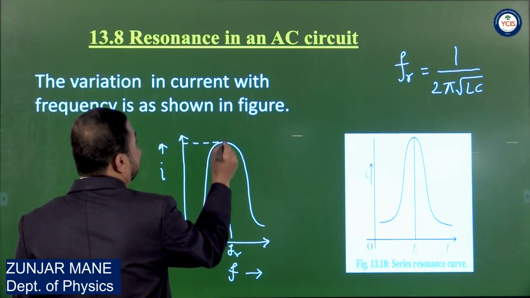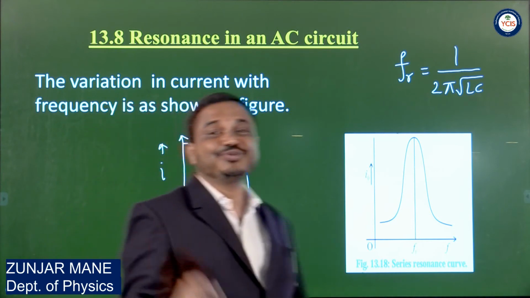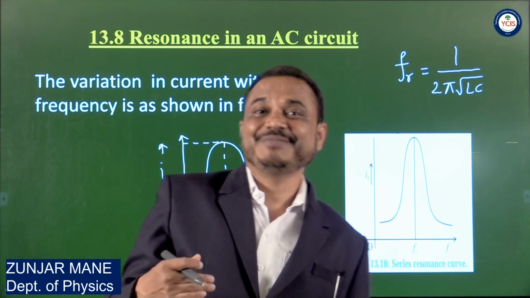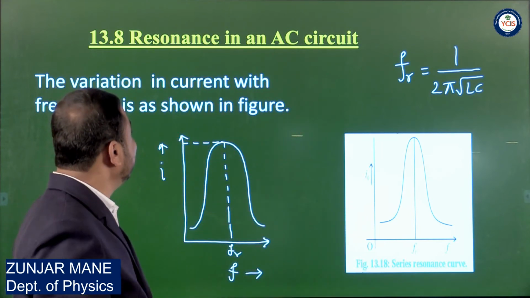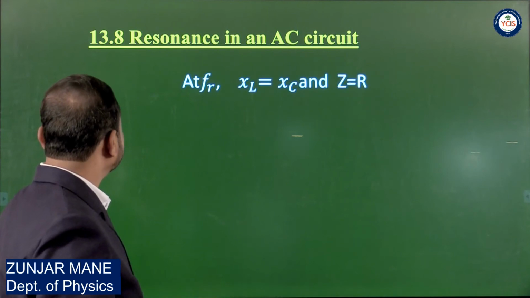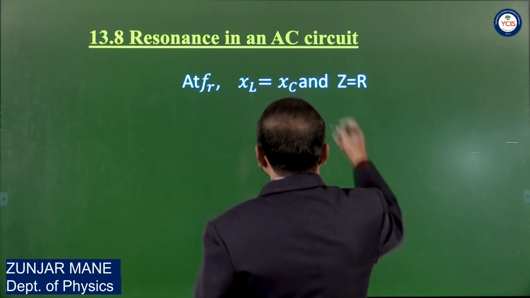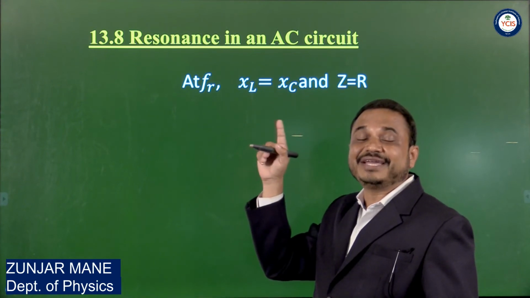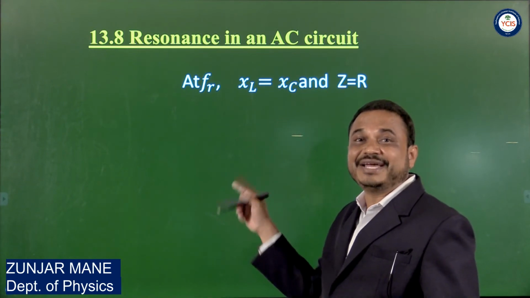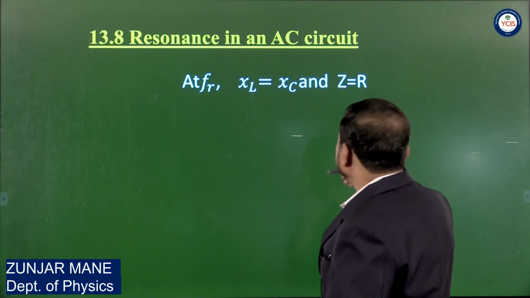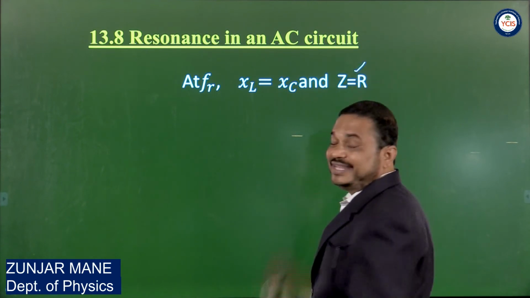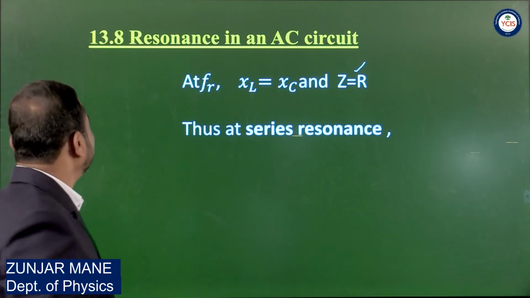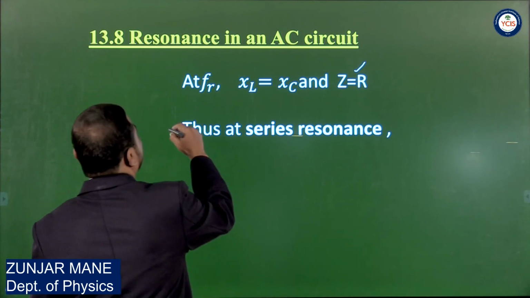At that time the maximum current flows through the circuit. It accepts a particular frequency, hence this circuit is called an acceptor circuit. So at FR, XL is equal to XC, and Z equals under root R square plus (XL minus XC) whole square, which gives under root R square, so Z is only R at series resonance.